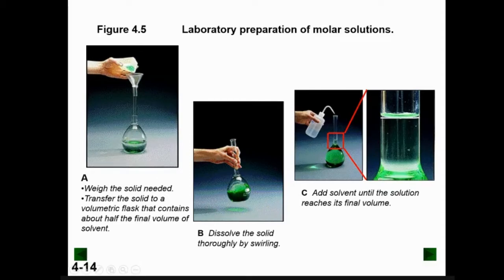I measure out the mass of the stuff beforehand, convert it to moles in the calculator, and then I'm going to divide by, in this case, 1 liter because it's easier. I like to divide by 1. And if you look here at the very last screen, you can see how much water I fill it up to. And that is exactly 1 liter. That's why it's called the volumetric flask.